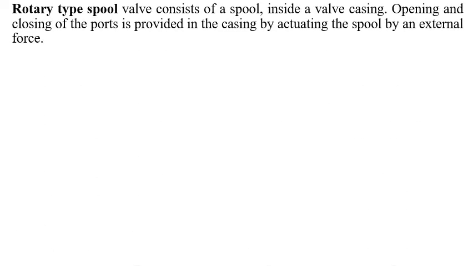Next is the rotary type spool valve. The rotary type spool valve consists of a spool inside the valve casing, and opening and closing of the ports is provided in the casing by actuating the rotary spool by an external force. Here the spool is made in a circular shape.